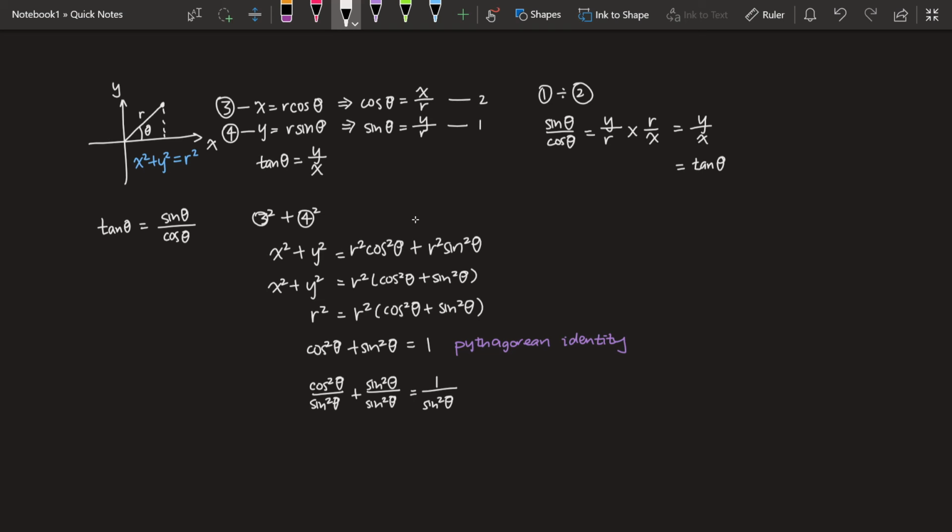So cosine squared theta over sine squared theta is cotangent squared theta, plus 1 equals cosecant squared theta. So this is the second equation that we have to take note of. Cotangent squared theta plus 1 equals cosecant squared theta. These two are important.